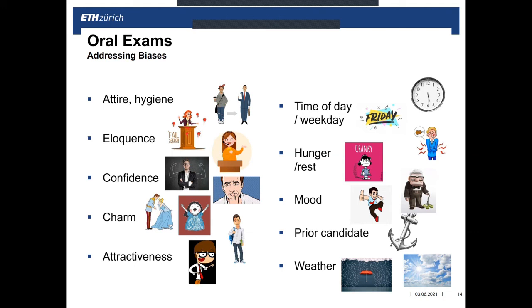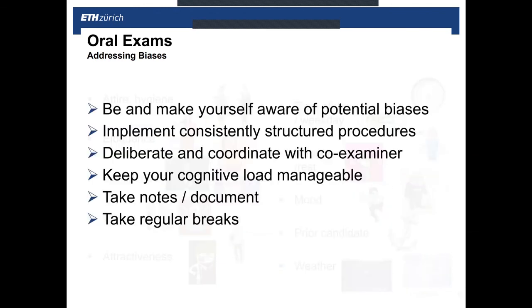Now, if you don't make yourself conscious that it's actually these things that made you feel slightly uneasy, you will attribute this feeling of uneasiness to the candidate's performance, and it will have a strong influence on your evaluation of the candidate. So really, the most important mitigating measure is to try and make yourself aware of these potential biases, and thereby you will already be remediating their effects.